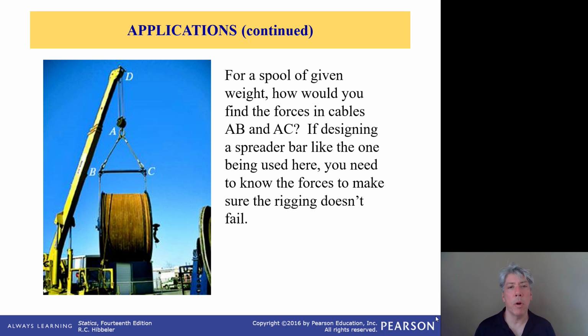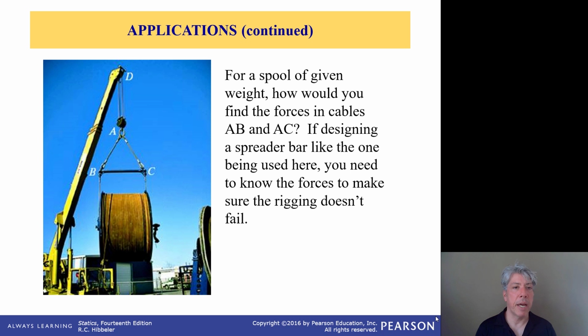Now let's just assume you know the weight of the spool that's being held by this rigging. If you know that weight, then you know how hard the crane is pulling up at point D on the entire spool and rigging assembly, just neglecting the weight of the rigging, which is cables AB, AC, and the spreader bar between B and C. But you don't know how much force is actually in AB and AC, and you might say, well, give me the weight of the spool, divide it by 2, and that's the tension in AB and AC.